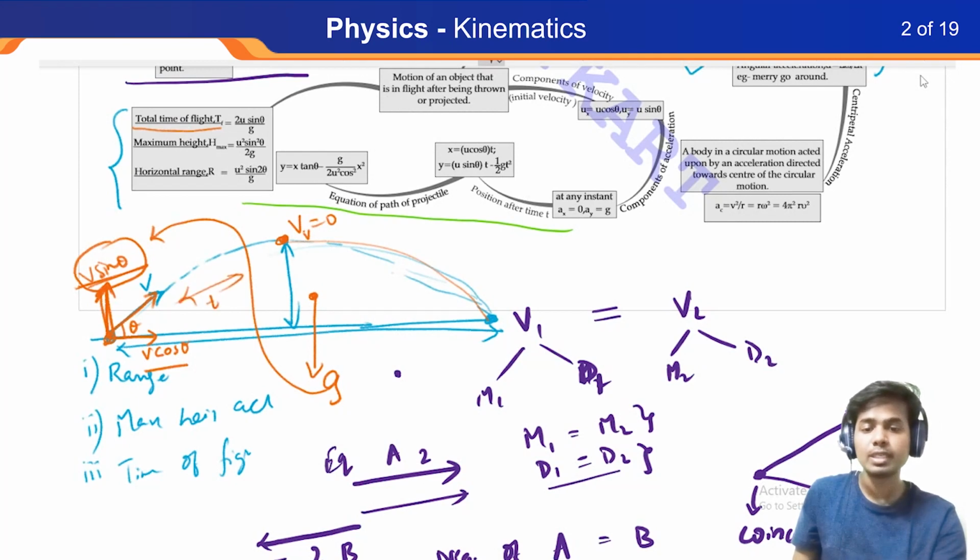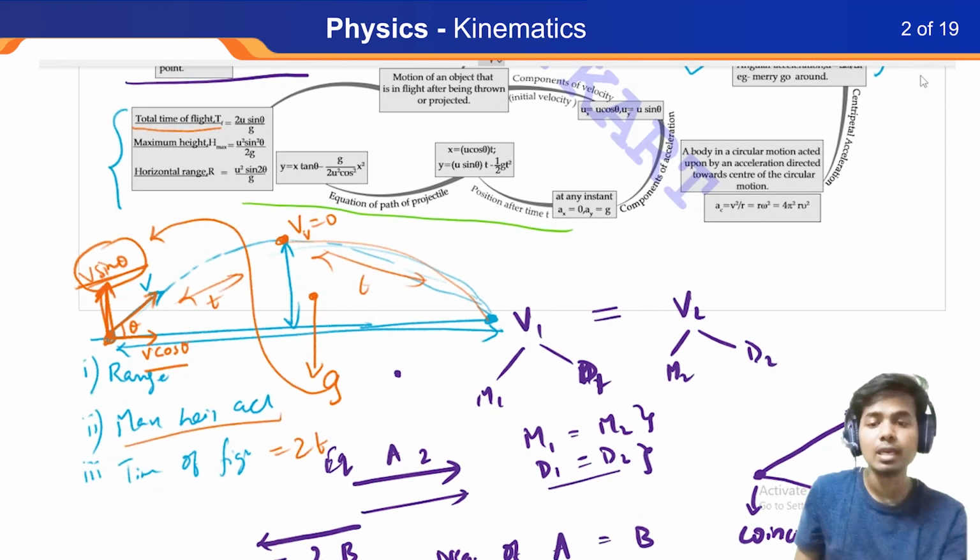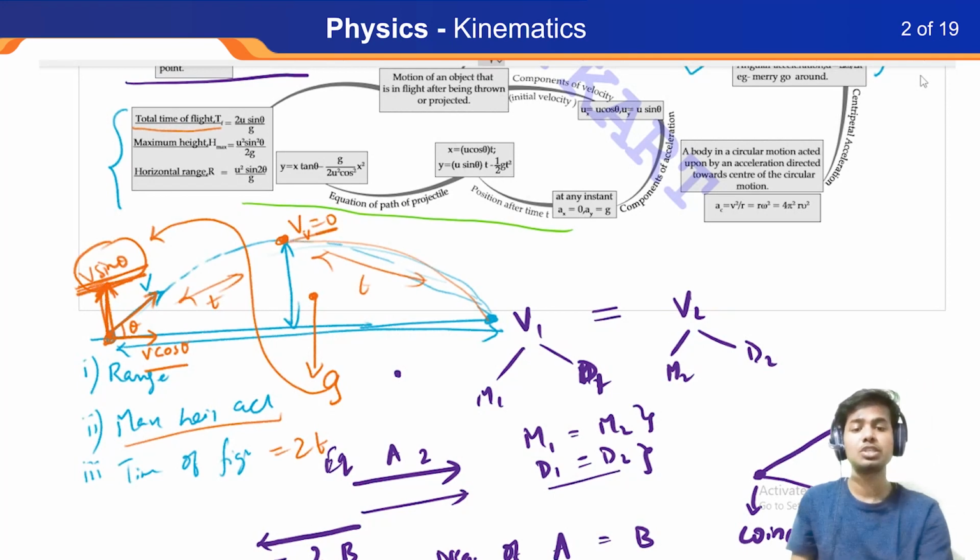Whatever you will calculate here, it will be the same here, and the total time taken will be 2t. The maximum height achieved, you can easily get from the third equation of motion, because you already have the initial velocity and the final velocity and the acceleration due to gravity. So you will get the displacement, this one.